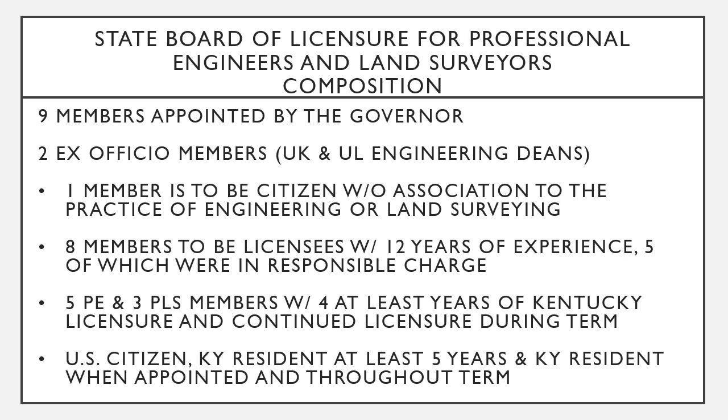So going back to the question of why be a member of your state societies, becoming a member of the Kentucky Society of Professional Engineers or Kentucky Association of Professional Surveyors will provide you with the opportunity to have a voice in who is placed on the State Board of Licensure.